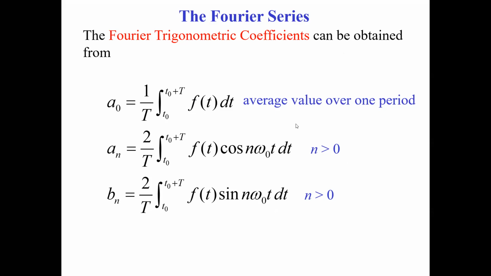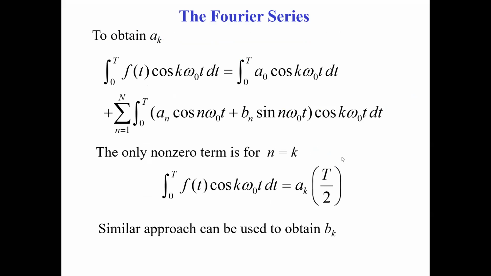We can write these coefficients. a naught means 1 over T, the integral from t naught to t naught plus T. These are the Fourier trigonometric coefficients. So if I want to find a k, what would happen?